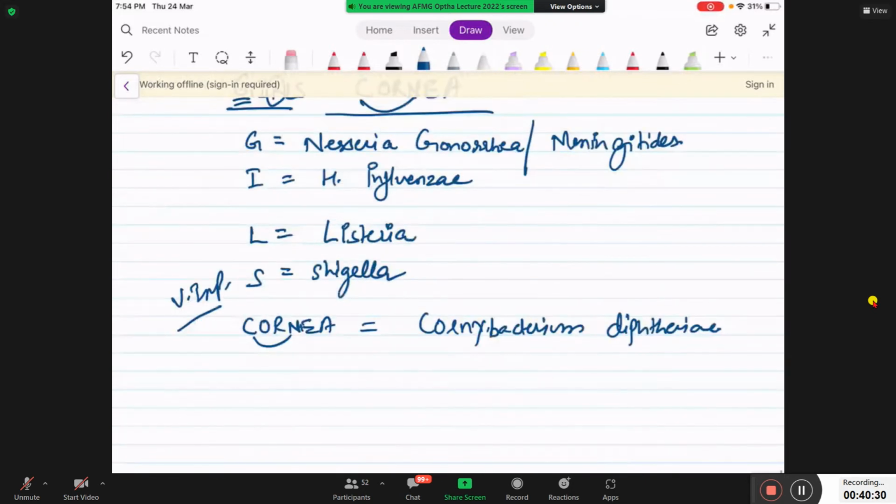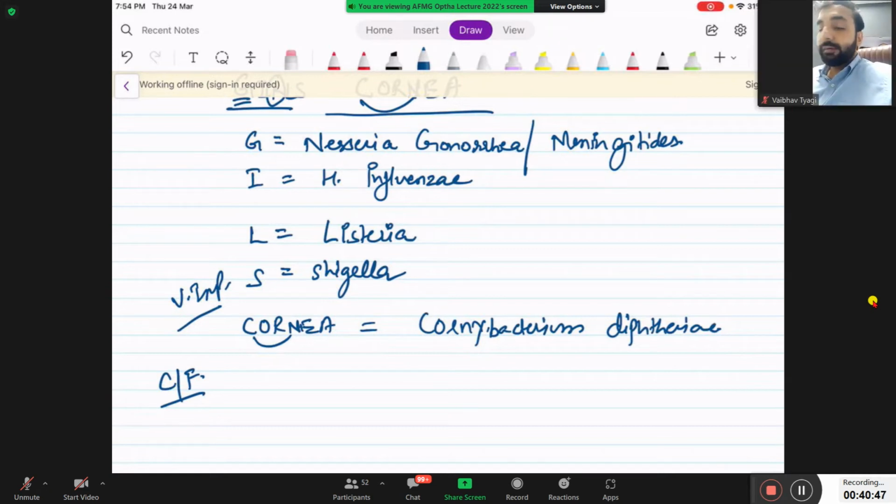Now, talking about clinical features of bacterial corneal ulcer, they will give you a history in the question. Questions are never asked directly these days, right? So they will give you a brief history. And what will be the clue point in the exam for bacterial corneal ulcer? In bacterial corneal ulcer, the symptoms will be more than the signs.